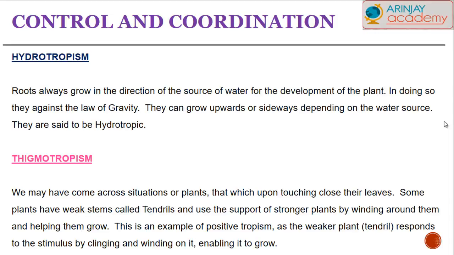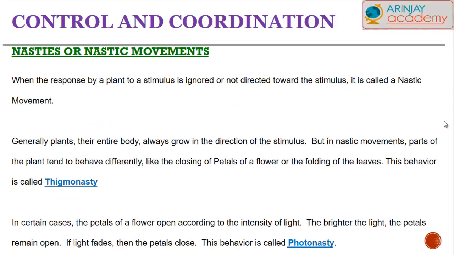As a result, they grow because they are growing towards sunlight. So this is an example of positive tropism, because the response from the weaker plant to the stimulus, which is the light, is by clinging and winding on to the stronger plant, enabling it to grow.